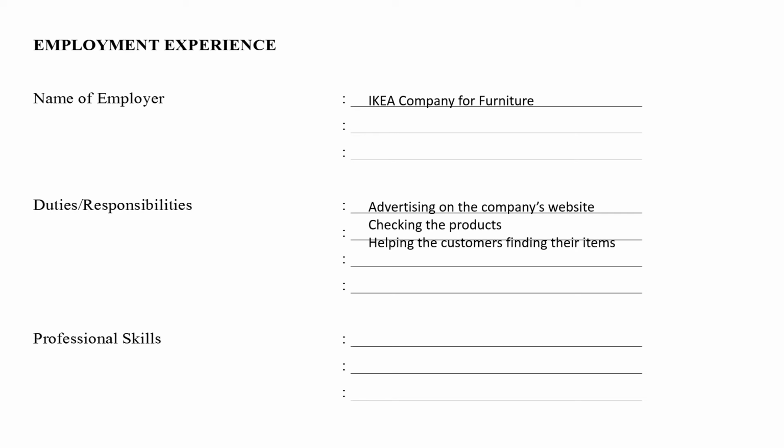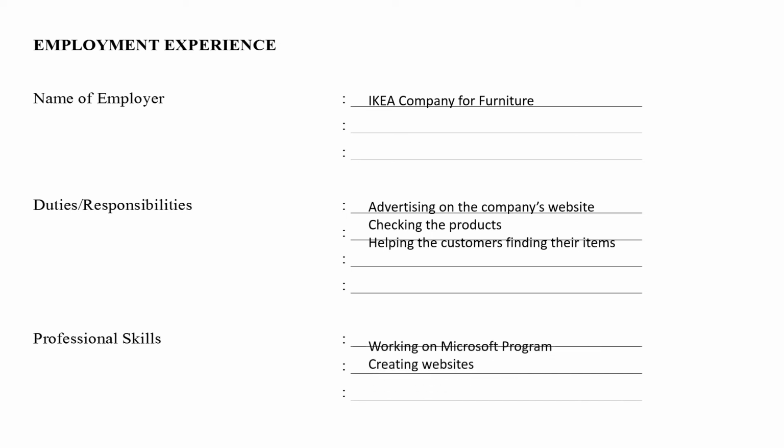So you say, for example, advertising on the company's website, checking the products, helping the customer find their items, working as a cashier, organizing the stuff on the shelves, preparing the finance profits. Okay, so here you have to tell me what your duties are. You have to list them shortly as phrases.